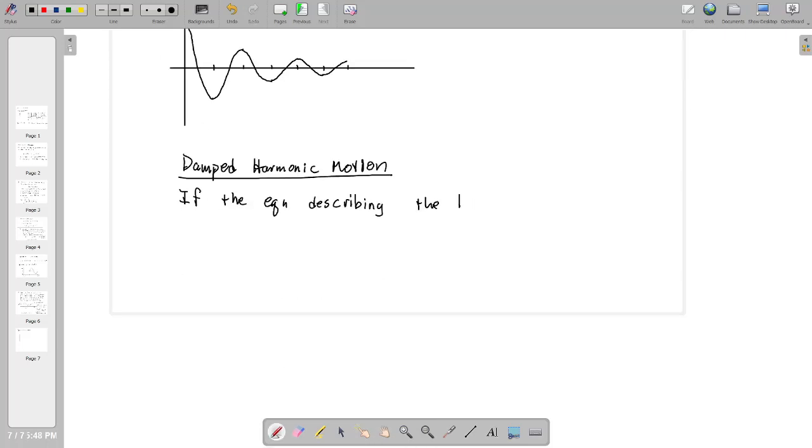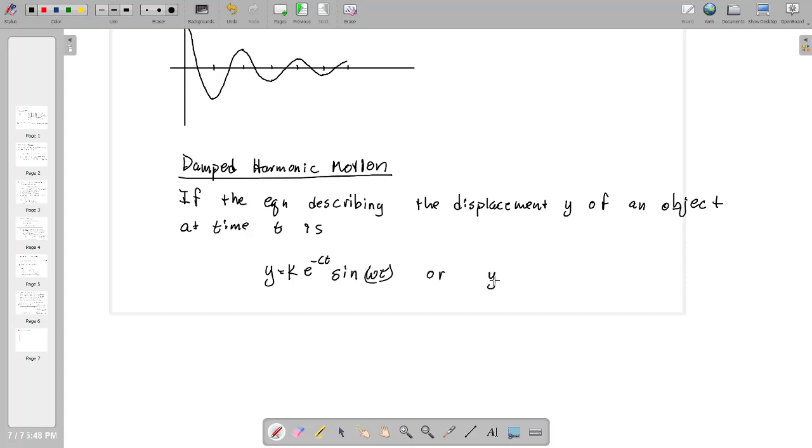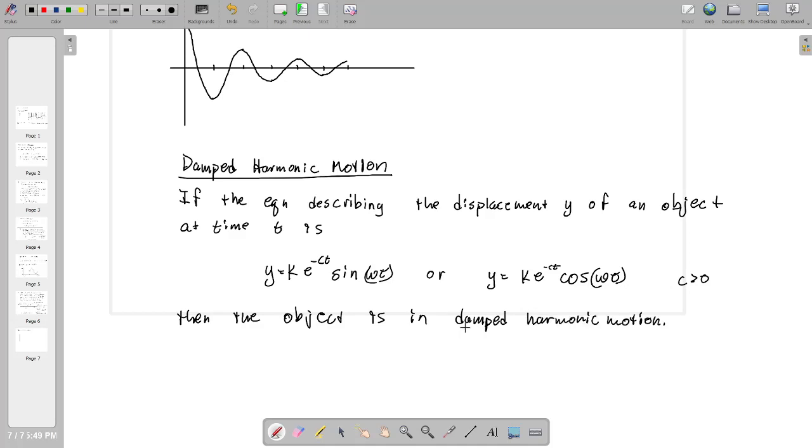If the equation describing the displacement y of an object at time t is y is equal to k e to the negative ct sine omega t, or y is equal to k e to the negative ct cosine omega t, where c is greater than 0, then the object is in damped harmonic motion.